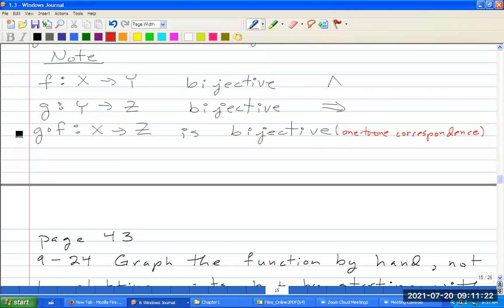So in grade school, when they first discussed bijective functions, they called them one-to-one correspondence. Actually, the very first time they discuss one-to-one correspondence is in preschool. They actually do it in preschool. Okay.